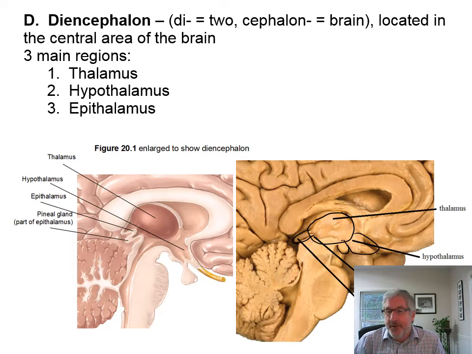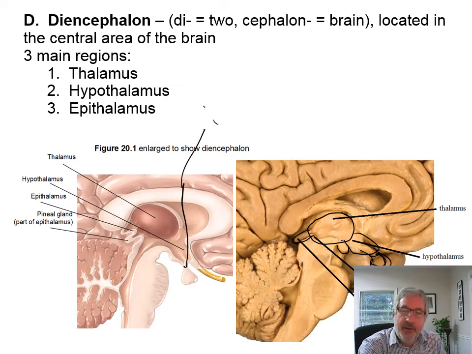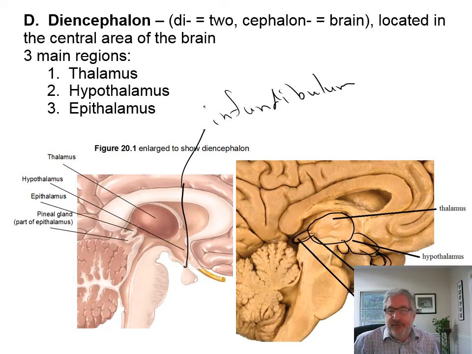And the stalk here going down to what should be the pituitary gland hanging down here. And just for a fun word, that stalk is called the infundibulum. So the infundibulum is a little stalk off of which the pituitary gland hangs.